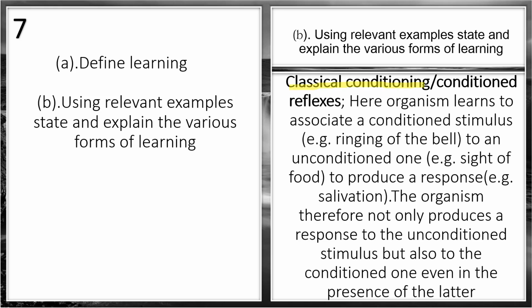Classical conditioning, conditioned reflex. Here the organism learns to associate a conditioned stimulus, for example, the ringing of a bell, with an unconditioned one, for example, the sight of food, to produce a response, like salivation.